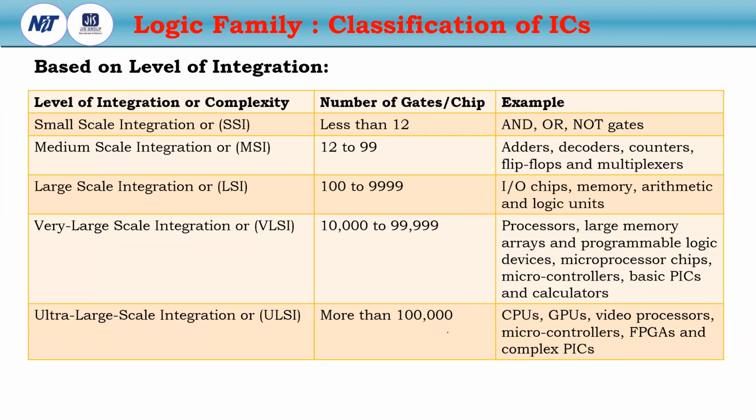But now we use ultra large scale integration, or ULSI, where the number of gates is more than 1 lakh. CPUs, GPUs, video processors, microcontrollers, FPGAs, and complex PICs are used. These are based on the level of integration: how many gates are integrated in a single chip.